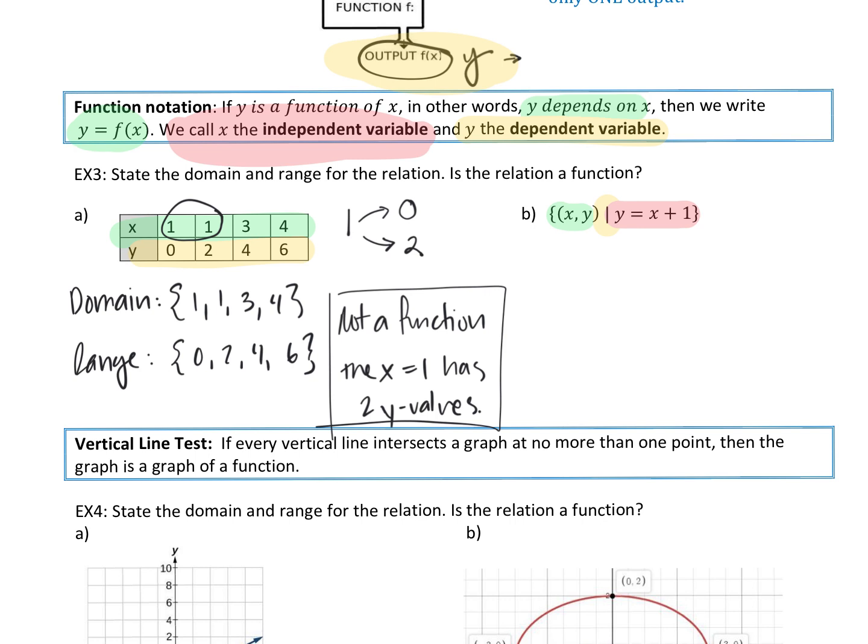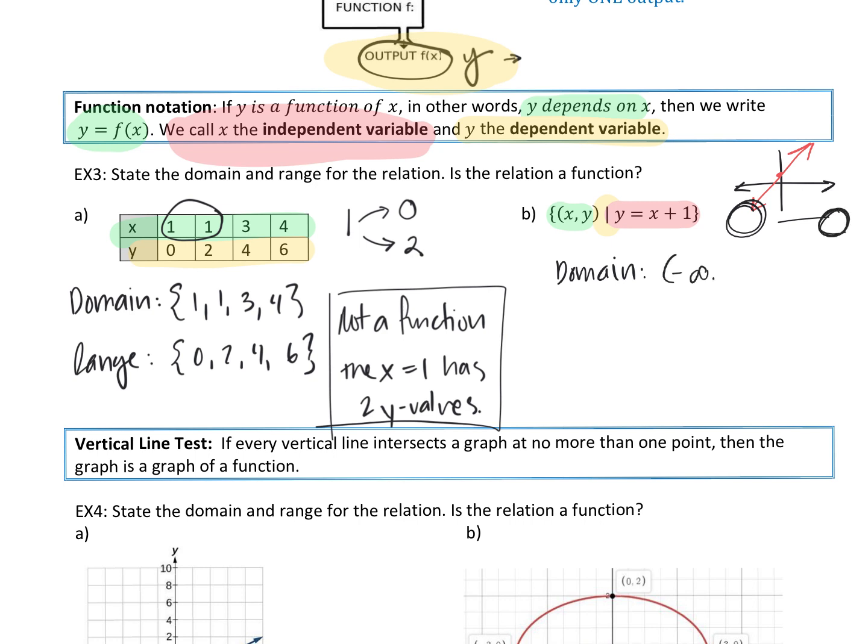Well, if we were to graph this, hopefully assuming we've all had practice graphing lines entering this class, this would graph some sort of a line with a positive slope and a y-intercept of 1. So the domain of a line like this will be from negative infinity all the way to positive infinity. It's going to cover all of those.